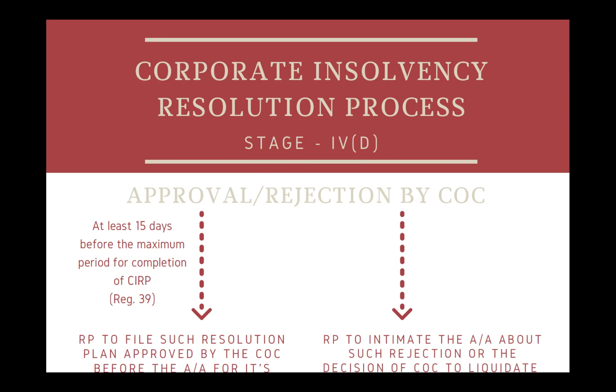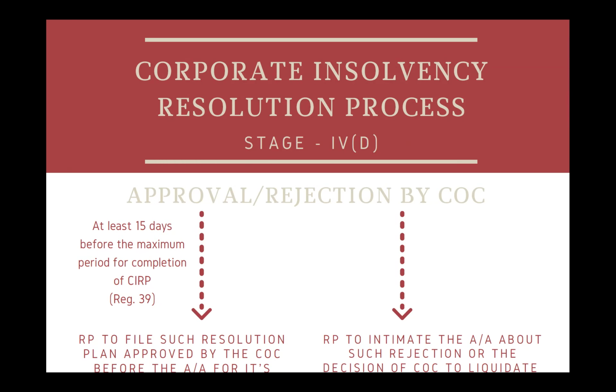Now, after looking into all this, here again there is one kind of interpretation. In the Jaypee Infrastructure case, the resolution professional, even though he received 9 resolution plans, forwarded only 5 to the COC for its consideration, because he thought only 5 plans were compliant.